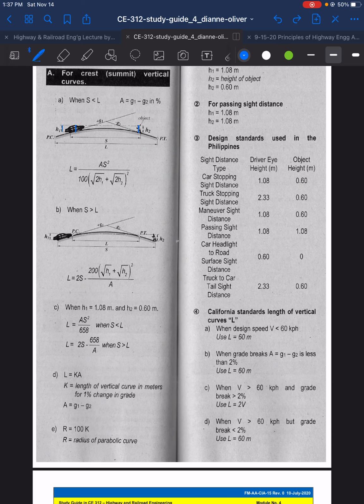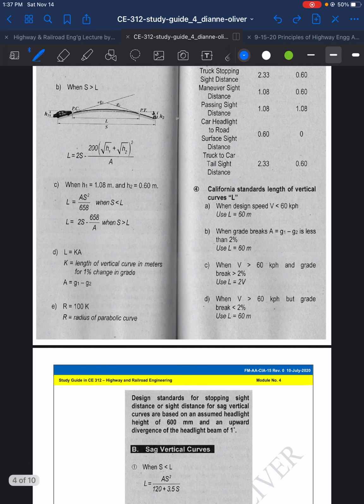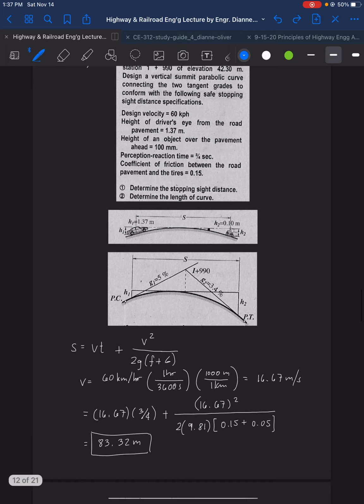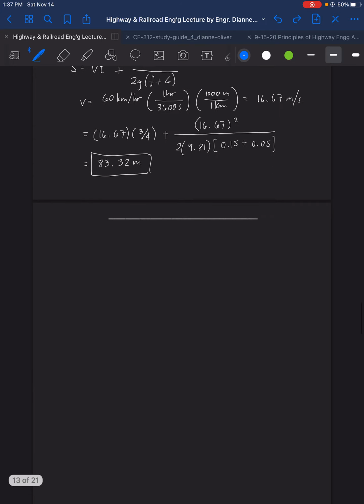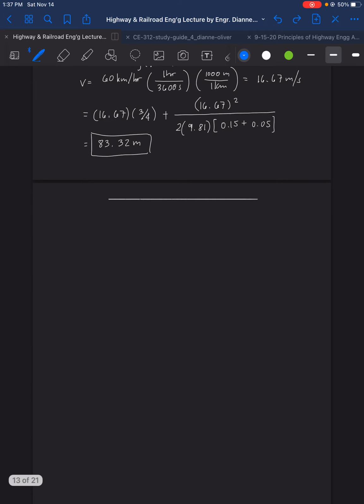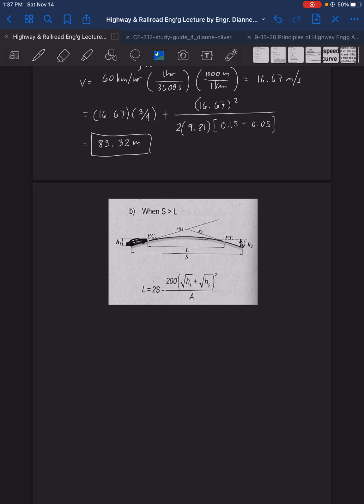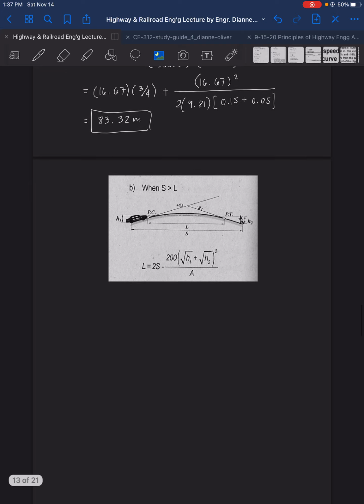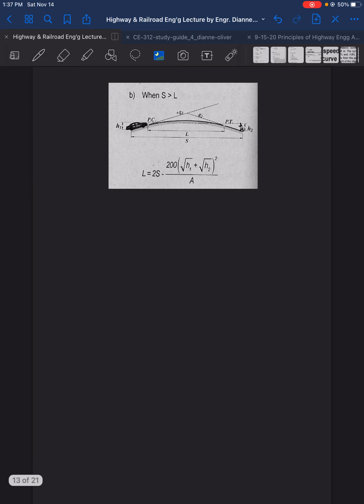For example, maybe the assumption here is that S, the stopping sight distance, is greater than L. There's nothing wrong with making assumptions, because if the final answer does not satisfy the assumption, then the assumption is wrong, and we will proceed to use the other formula. So again, we assume that S is greater than L. These are the conditions for that assumption.